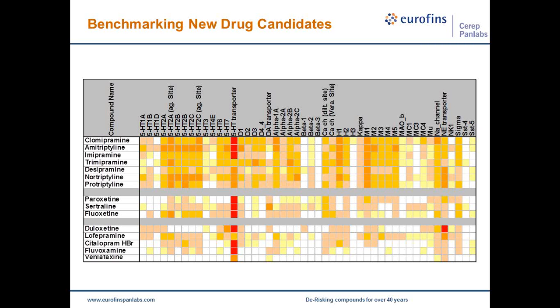You can see in this comparison that while they all retain the same 5-HT transporter activity, their off-target activities are much, much less. The final block of compounds is our third and fourth generation antidepressants, and they have even cleaner profiles. When you look at a slide like this, you can see how any group trying to develop a new antidepressant would certainly like to see where their compound fell with respect to the history of this particular therapeutic area. This kind of work can be done across any number of different therapeutic areas.